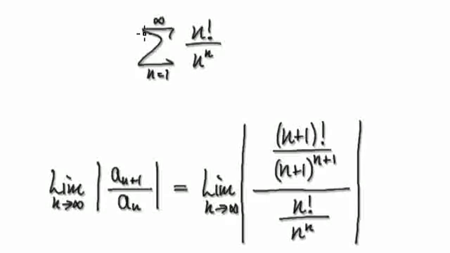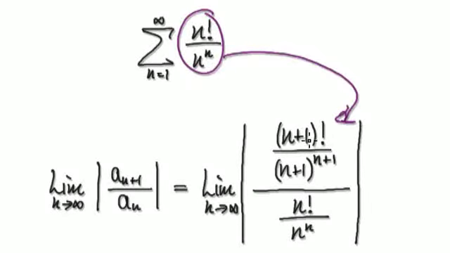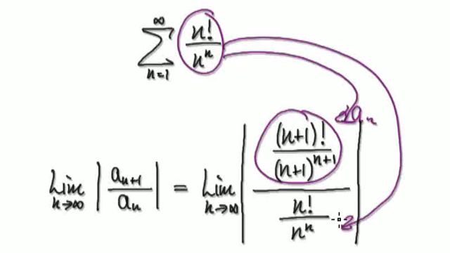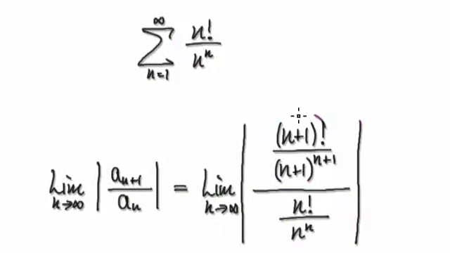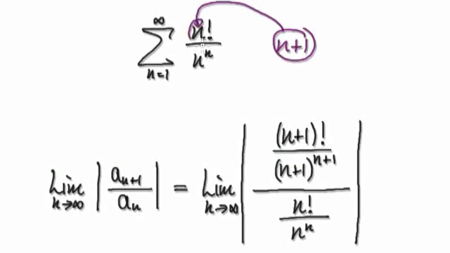Looking at this, this here will be a_(n+1), and this here will be a_n. To obtain the next term, we would put n plus 1 into the n here.